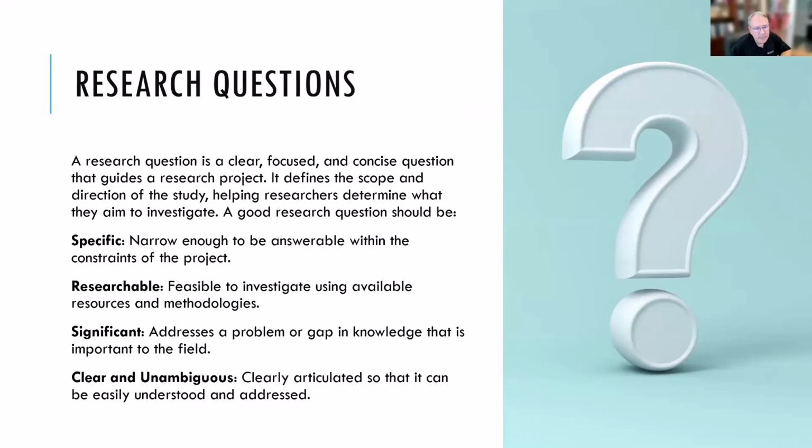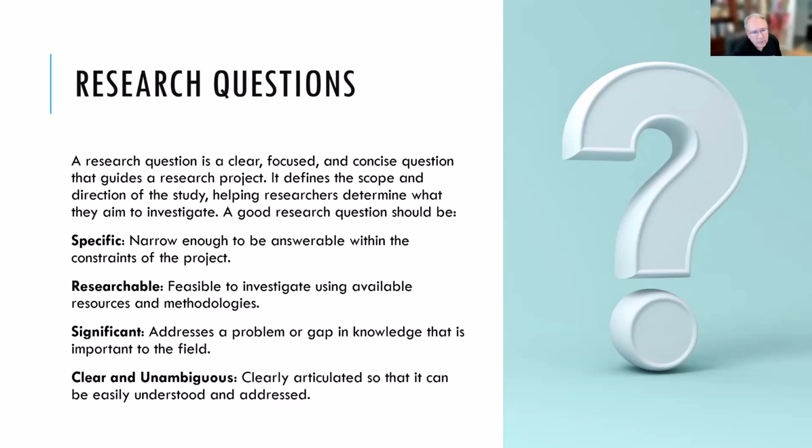So to determine that, again, we're going to go back to some real basics here now, but these are fundamental and super important. The whole purpose of doing a research study is to answer a research question. So the most important thing you can do in a research study is come up with a good research question. If you have a bad research question, you're going to have a bad study.